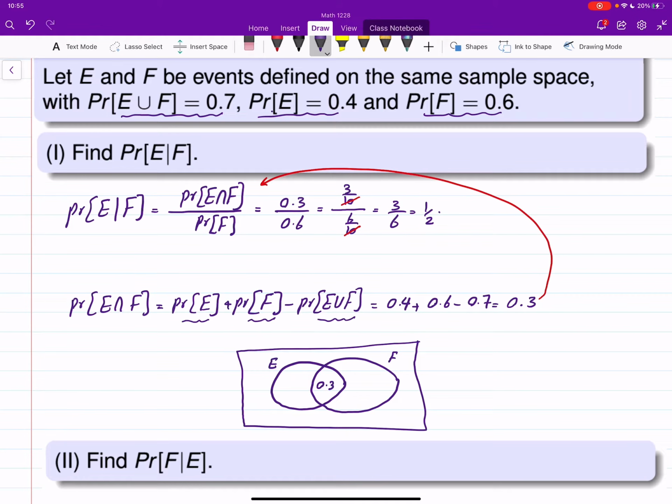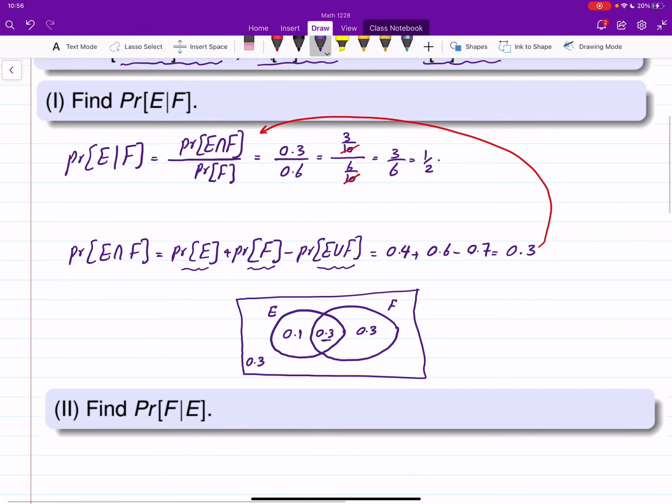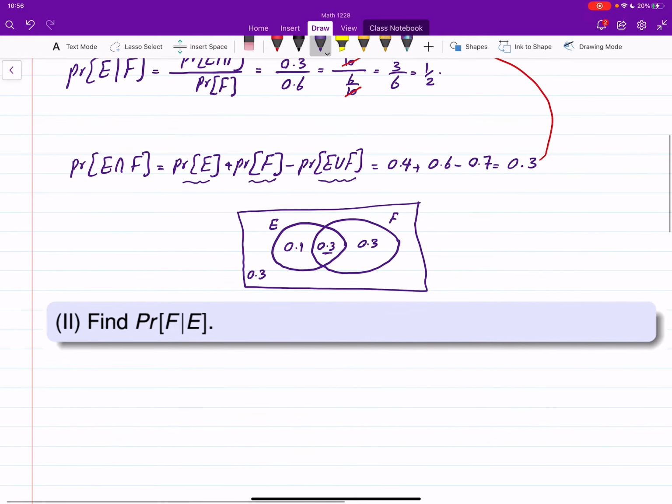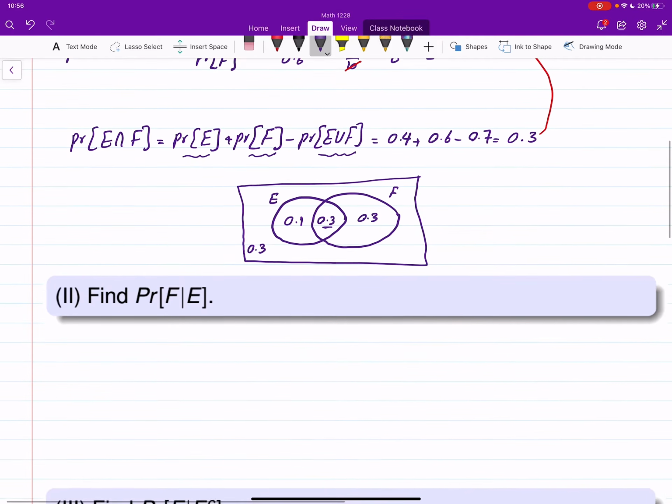The whole event F has probability 0.6, but 0.3 is in the intersection, so the rest, 0.3, goes here. The probability of the event E is 0.4, so 0.1 comes here. Then 0.7 is what we have for the union, so outside is going to be 0.3. This is the Venn diagram that we will be able to use for the other parts, as you will see very soon. Basically, we have all the information that we can get for events with those properties.